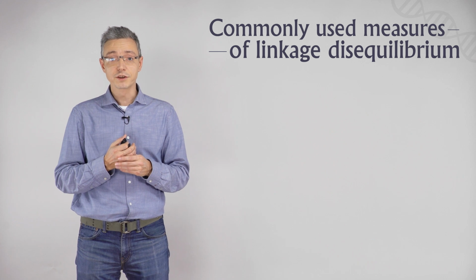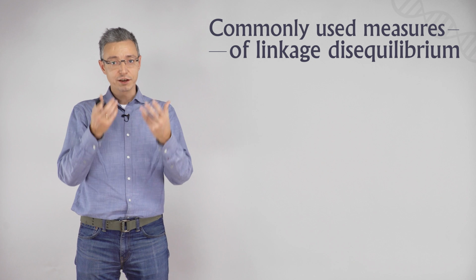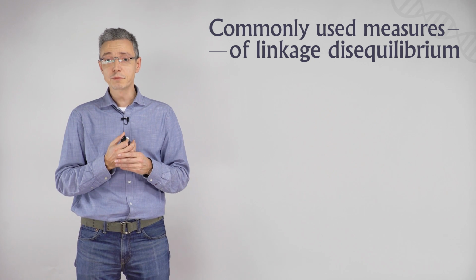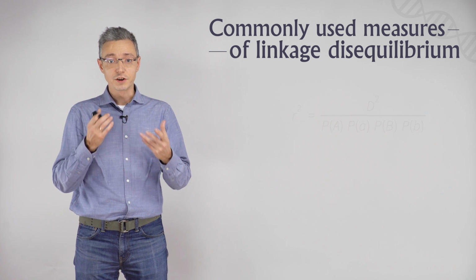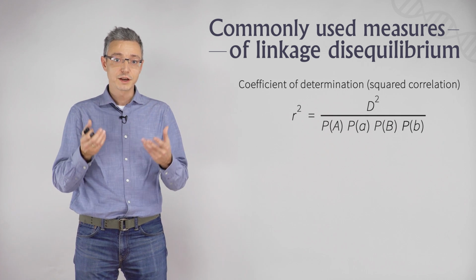And therefore most used measures of linkage disequilibrium are based on D, but there is some extra component to it. For example, one of the measures commonly used in statistical genetics is R². This is basically the square of the coefficient of correlation.